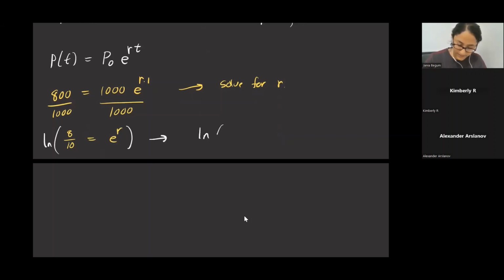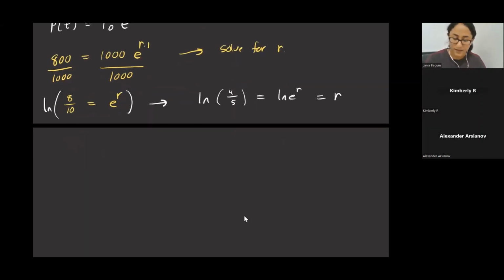So this will give us ln of 8 over 10, which you can reduce to 4 over 5, is equal to ln of e to the r. On the right-hand side, ln of e to the r is just r, so ln and e disappear. So our r is ln of 4 over 5. That's the r.